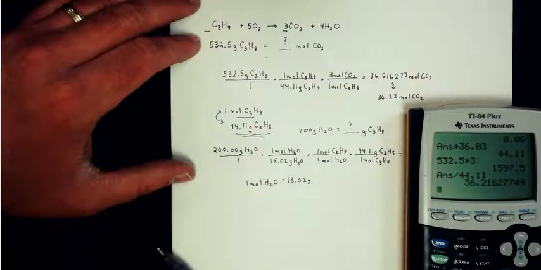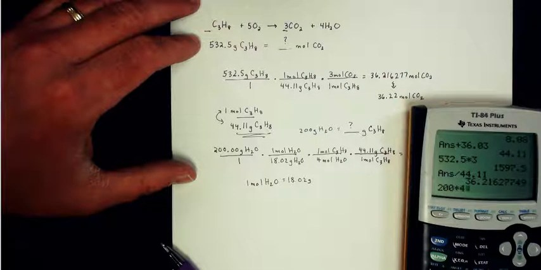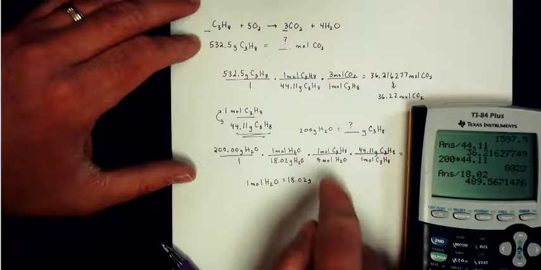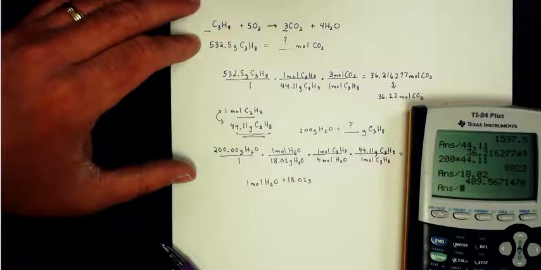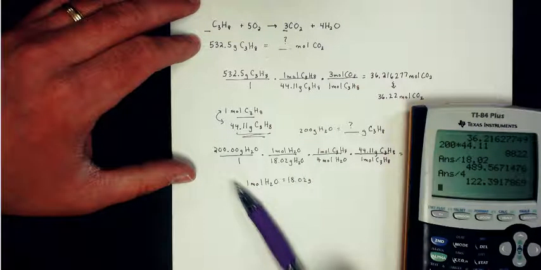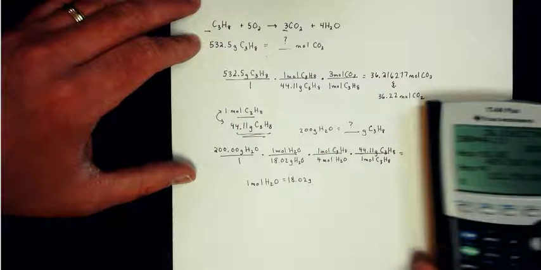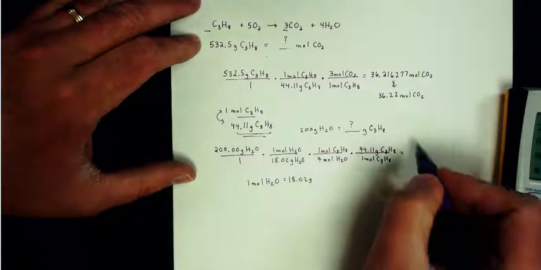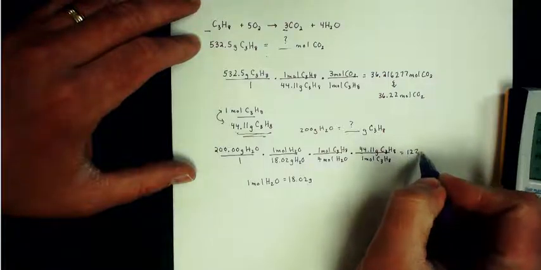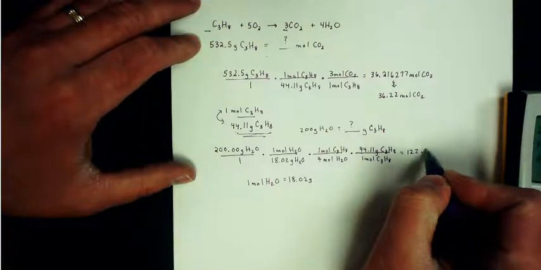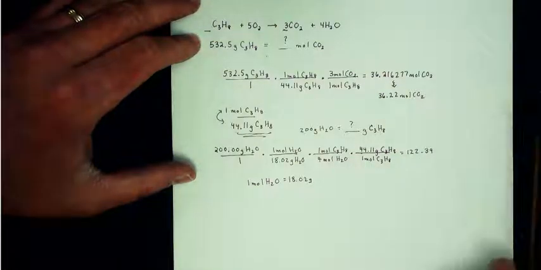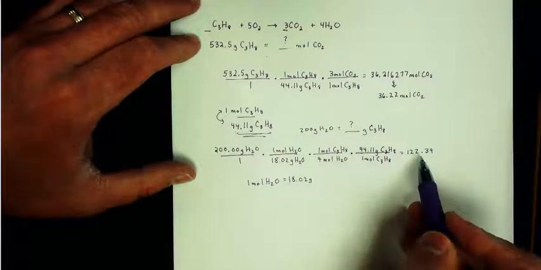I'm going to just do it all in one big swoop here, though. 200 times 44.11, enter, and then divided by 18.02, enter, and I need to type in divided by 4, enter, and that gives me 122.391, and I have 5 sig figs here, so I can say 5 in my answer.